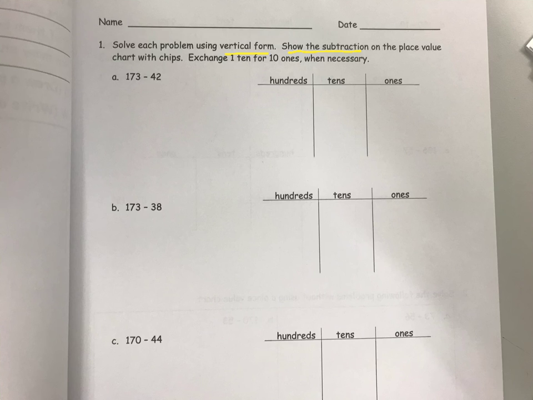the very first thing I want you all to do is to stack them up. Make sure you are lining up your tens and ones. Stack them up vertically so that you can solve. So that's step 1. And then step 2, as a reminder, is you always start with your ones.